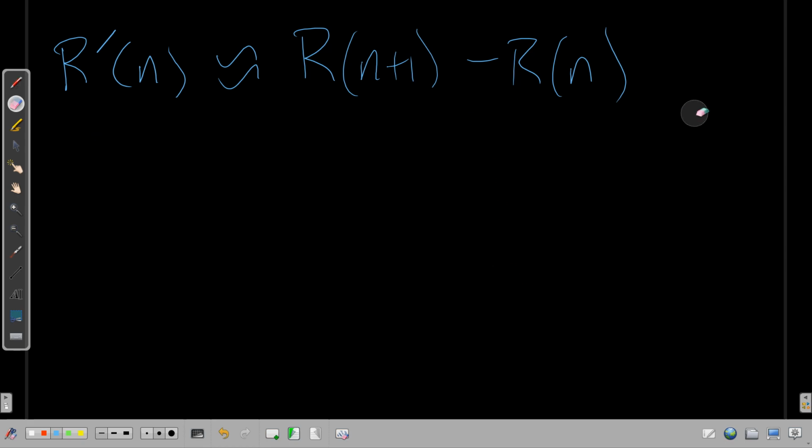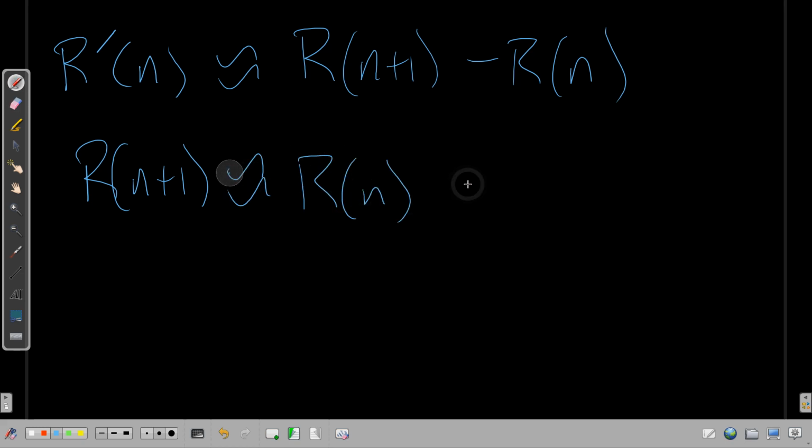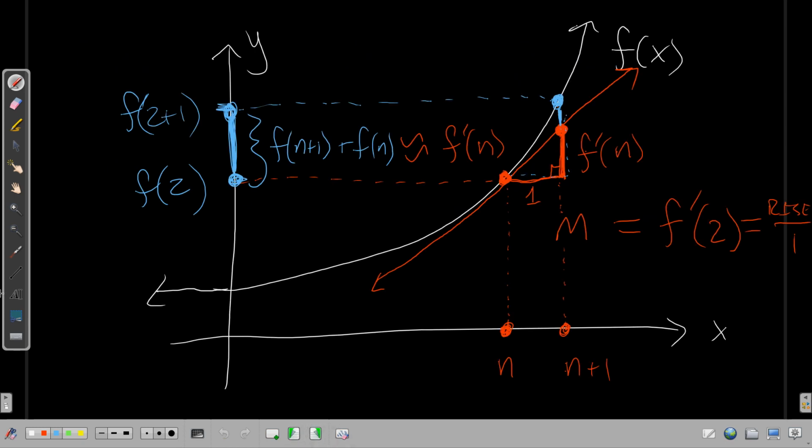And they like to rearrange this so that it says r of n plus 1 is approximately r of n plus r prime of n. Nothing special happening here. It shows up in this picture just the same.